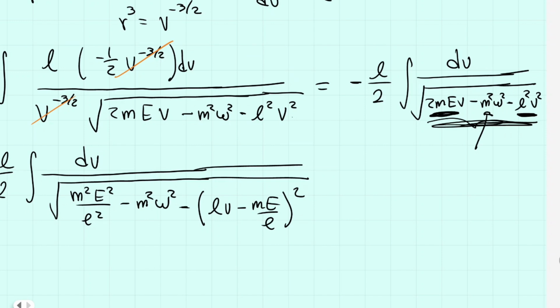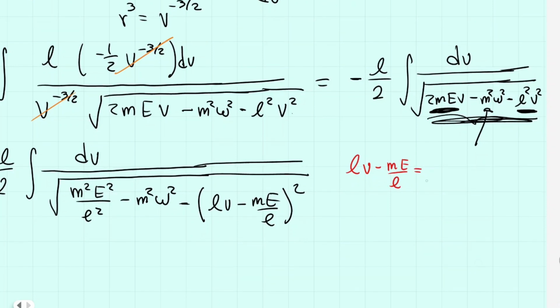So what we are going to do now is to introduce a new change of variable. We are going to say that (Lv minus mE over L) is going to be the square root of m squared E squared over L squared minus m squared omega squared, times cosine of phi.